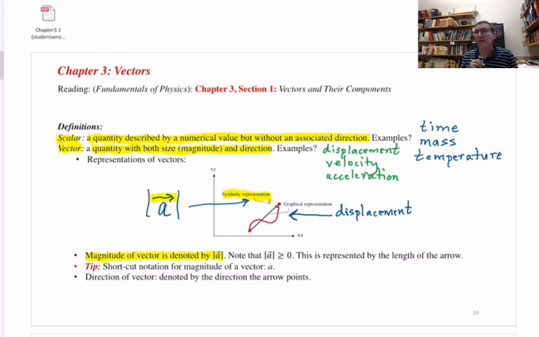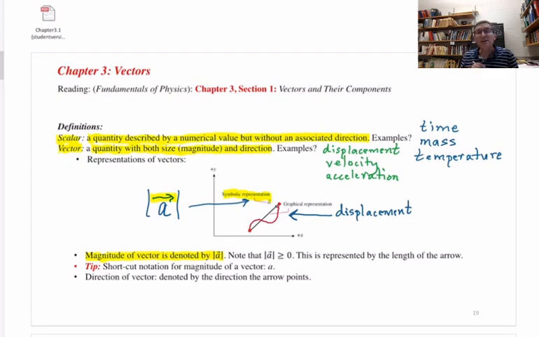Now I'm telling my reader, oh no, I'm only talking about the magnitude part of the vector. And of course, in our graphical representation with the arrow, the magnitude part of the vector is just how long it is, just its length, without worrying about what direction it points in. Okay? So when we talk about a magnitude of a vector, we're talking about the length of its associated arrow.